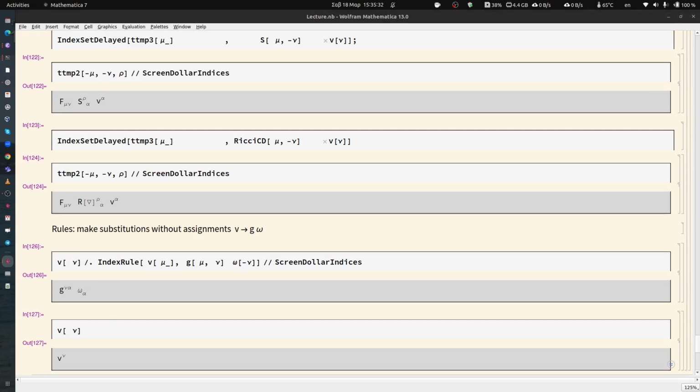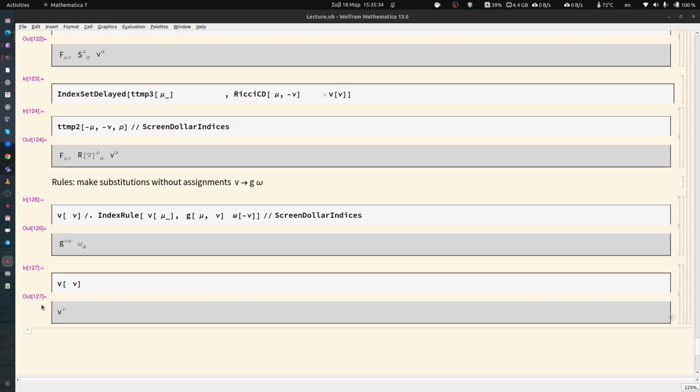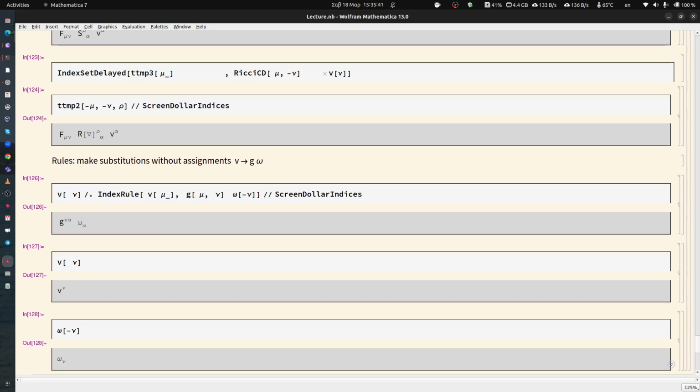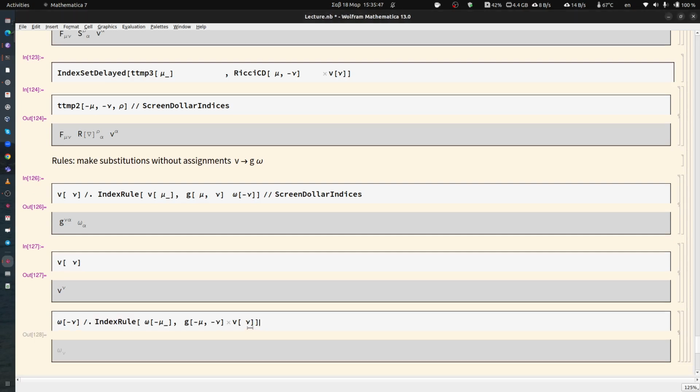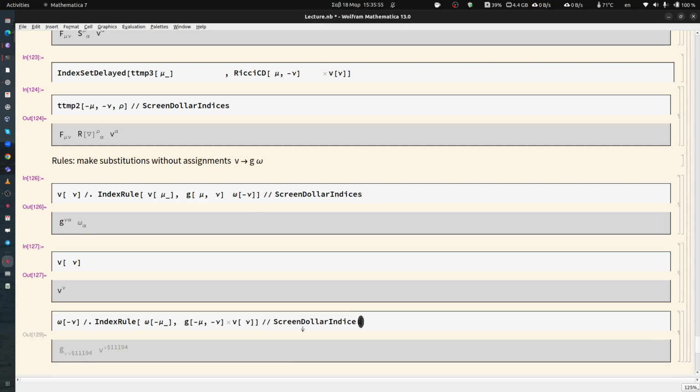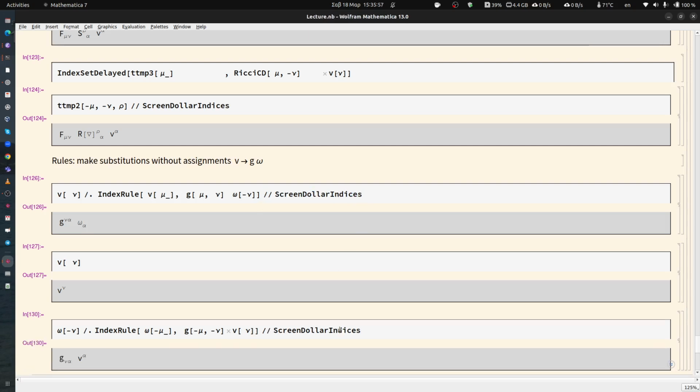Now, this is another example. This is the one form, omega. And this is an expression where omega has been substituted by the vector v with its index lowered by the metric.